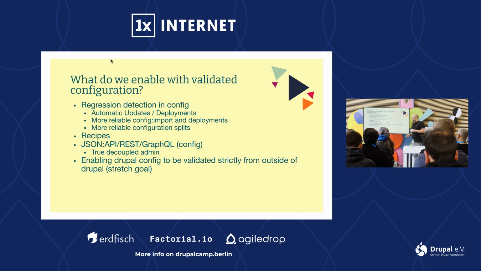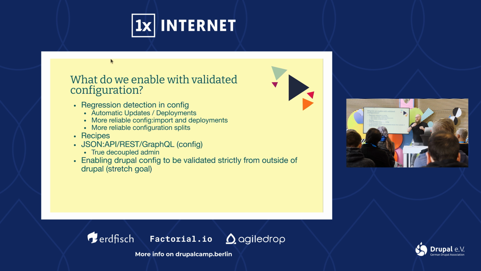And as a stretch goal, something that I find super interesting, and I know it's not going to happen within the next 5 years, but I think it's really cool, is that we could validate configuration strictly from outside of Drupal while still making sure that the configuration is sensible for a Drupal site that's running that configuration.